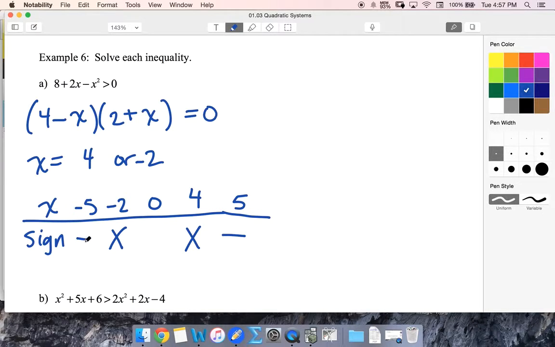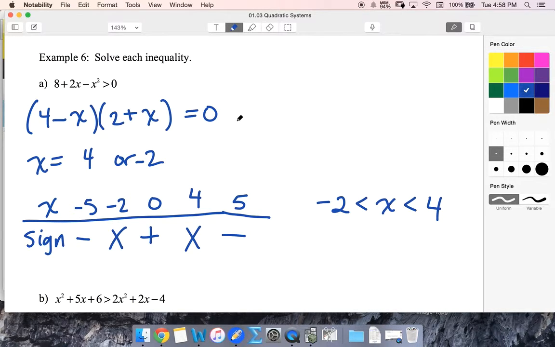So at negative 5 it's negative, but now at 0, 4 minus 0 is positive, 2 plus 0 also positive, so that's going to make it positive. So now it looks like I'm positive for values between negative 2 and 4. So that means my x values must be negative 2 less than x less than 4.